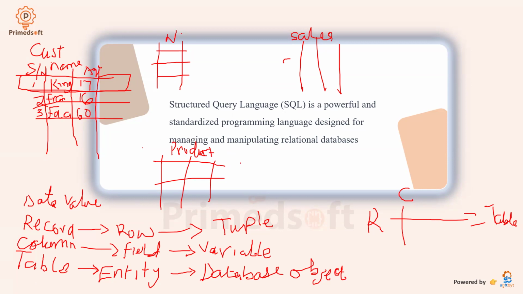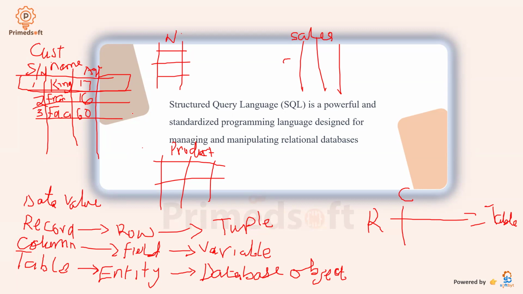When three or more tables find themselves organized in a database, we call that a relational database. When they are properly linked and communicate with each other, we call that database a relational database.